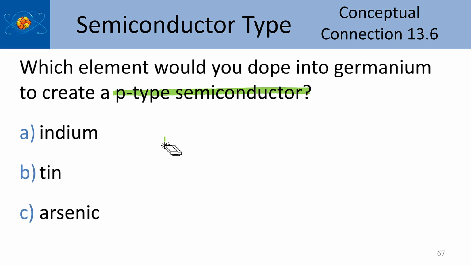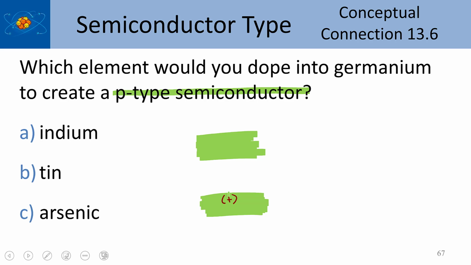So you can think of it like this. I have a valence band and a conduction band, like that. And I want to have a p-type semiconductor, which means I want to have positive charges in this layer, to move the electrons.